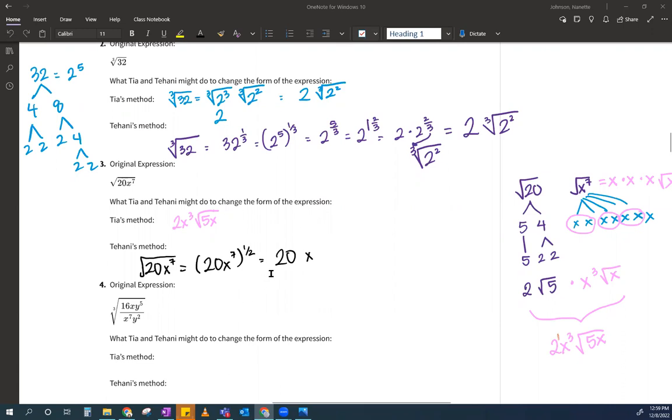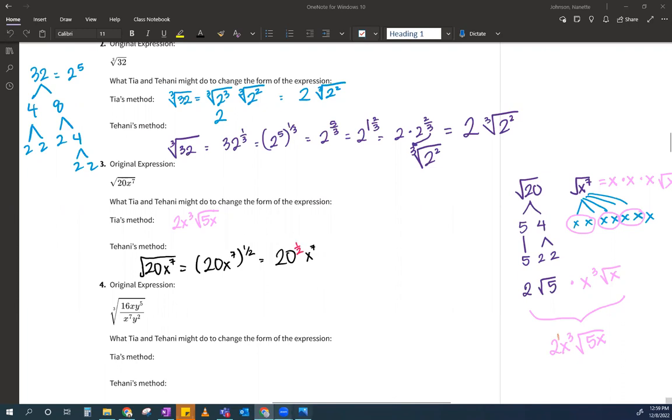Yeah, it's the power of the power rule, which basically says when you have a power on the outside, you give it to each of these. Does that make sense? So I'm going to take this 1/2 to 20 and this 1/2 to the 7th for x.